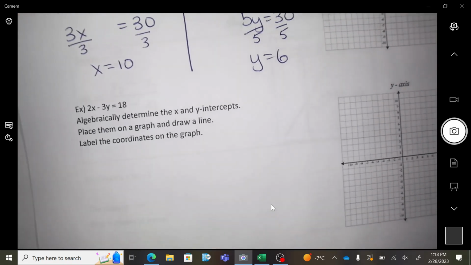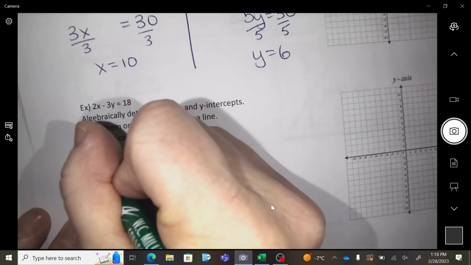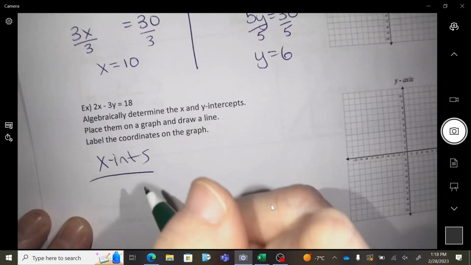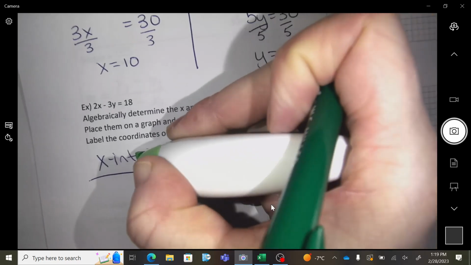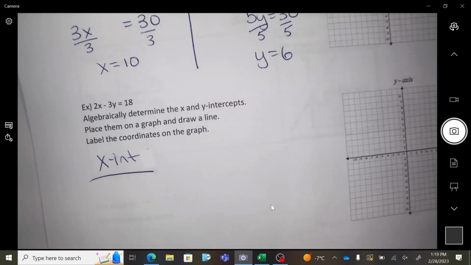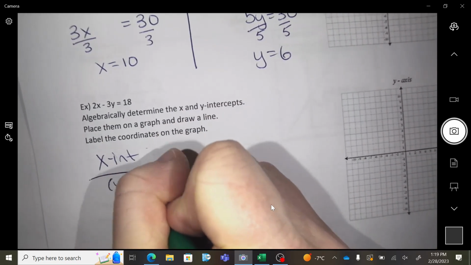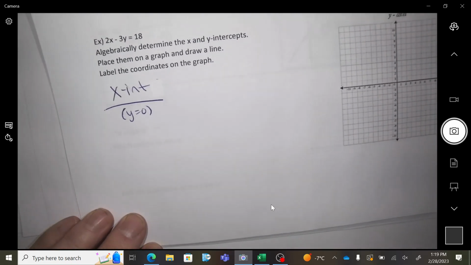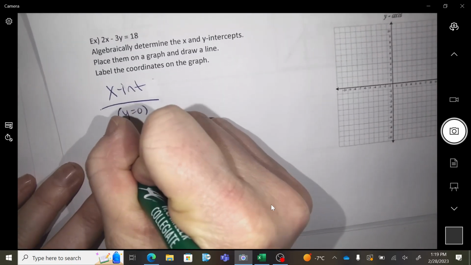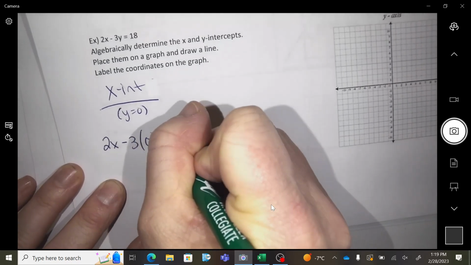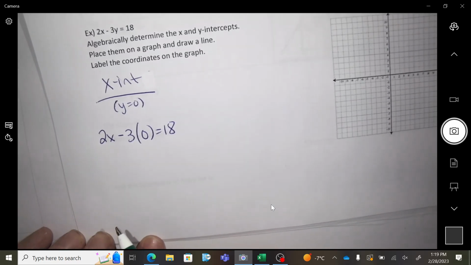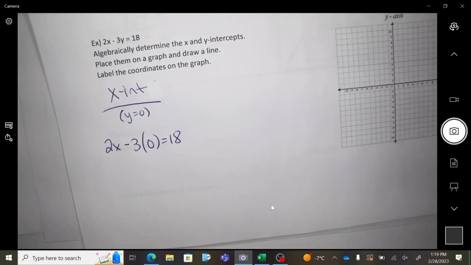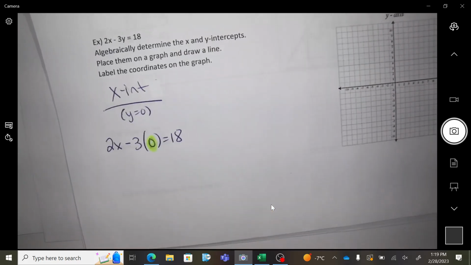Okay. So let's go again. X-intercept. The x-intercept is where y equals 0, right? Okay, so here I was replacing the y value with a 0.